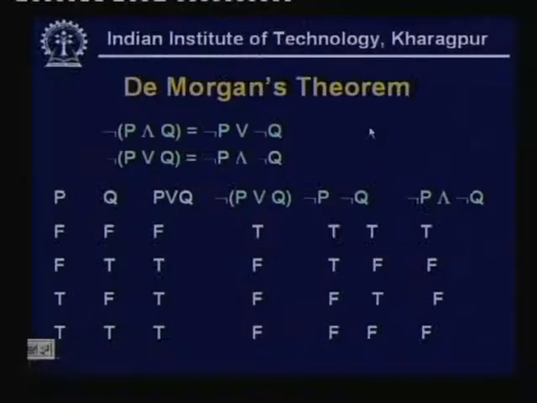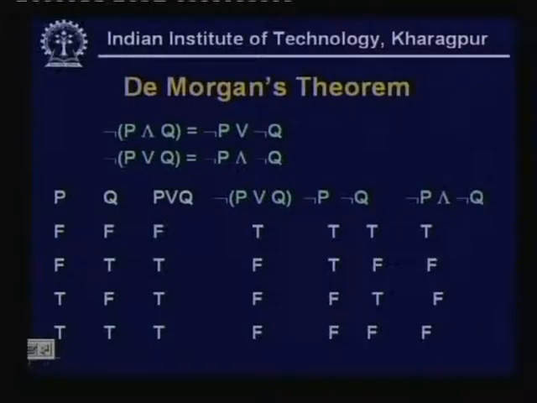Okay. So, now we come to another very important theorem, that is called De Morgan's theorem. De Morgan's theorem states that if I make a negation, say for example, P and Q is negated, then each of these literals, each of these propositions like P and Q will be individually negated, and this operation will be complemented, its dual one will be taken.